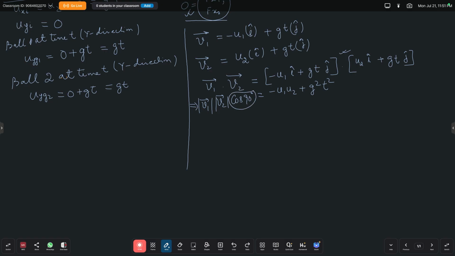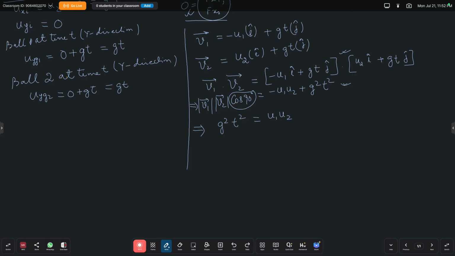This one is 0, since cos 90 is 0. So this equation will become g squared t squared equals U1 U2.